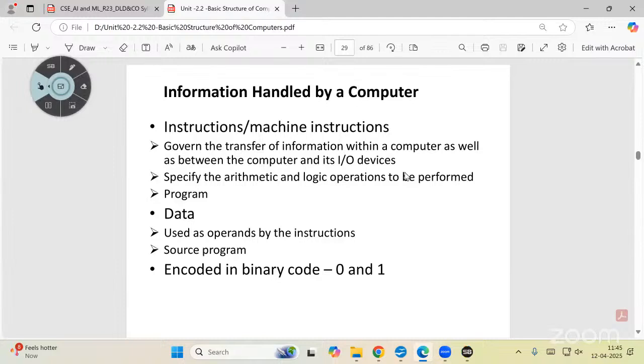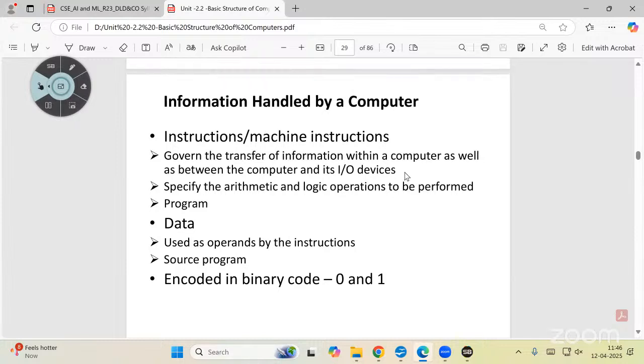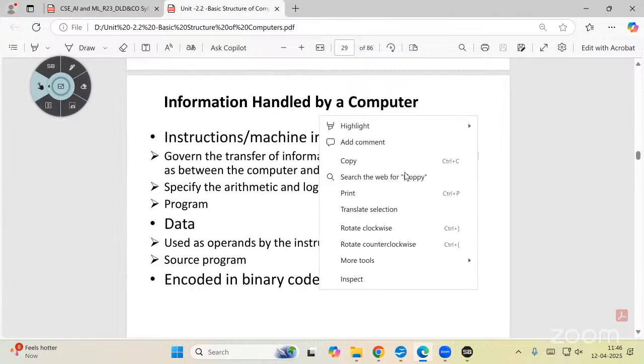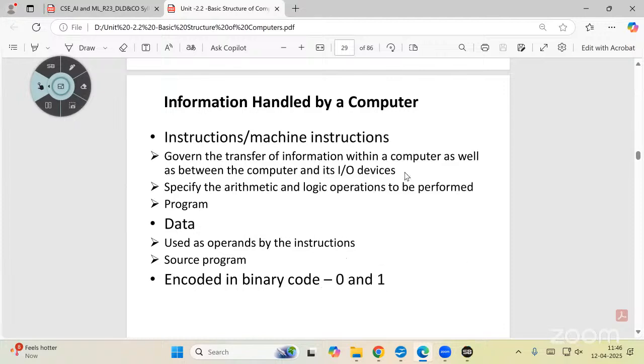The source program is the program we write. Then there is encoding the binary data: decimal is converted to binary while processing, and after processing, the binary data is converted back to decimal. All this is done by the computer.